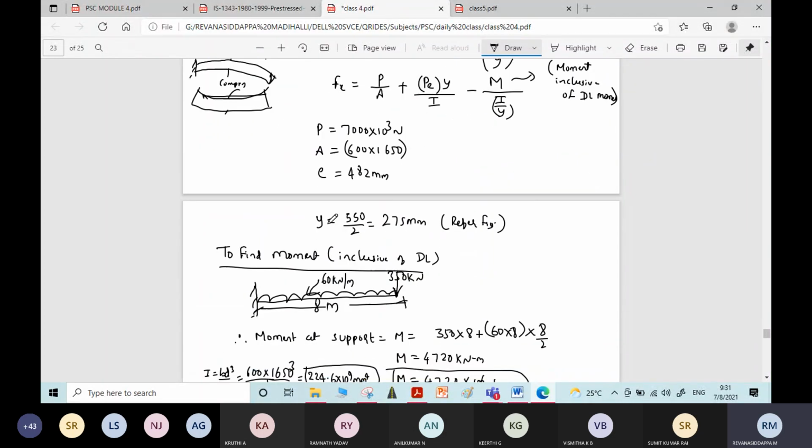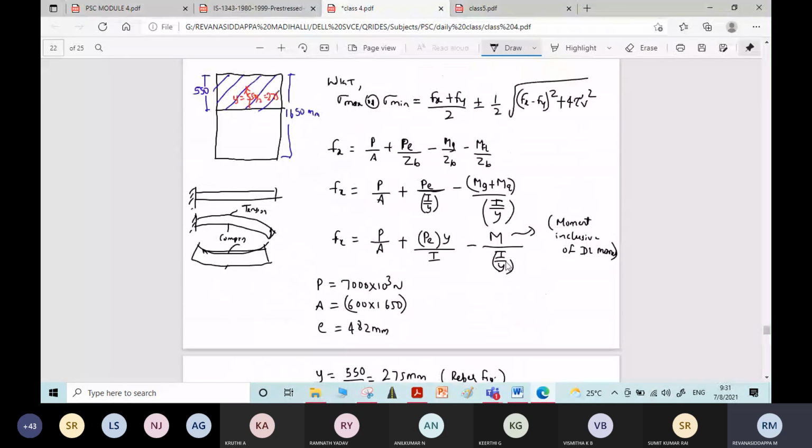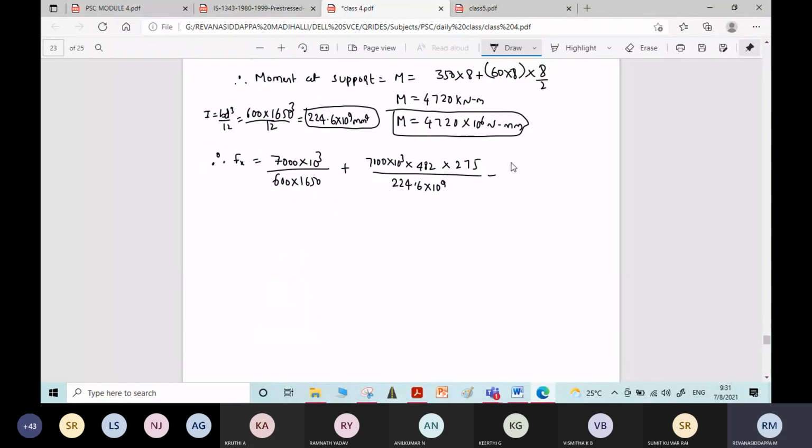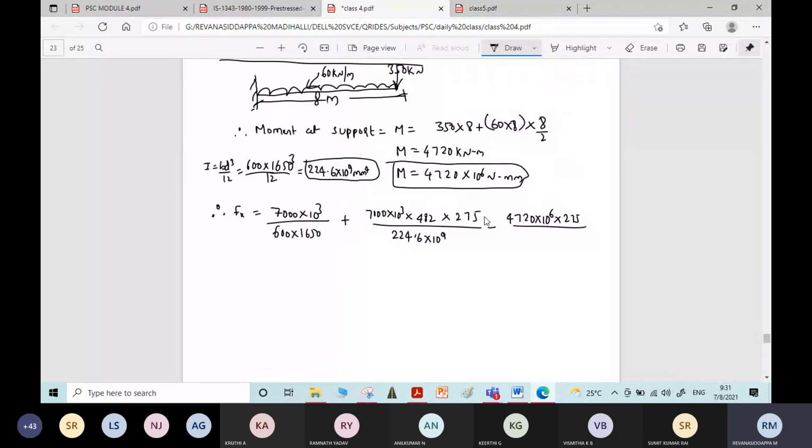Minus M y by I. The y you again take to the numerator only. Moment we know, that is 4720 into 10 power 6 into y value 275 divided by moment of inertia 224.6 into 10 power 9. Tell me the answer.